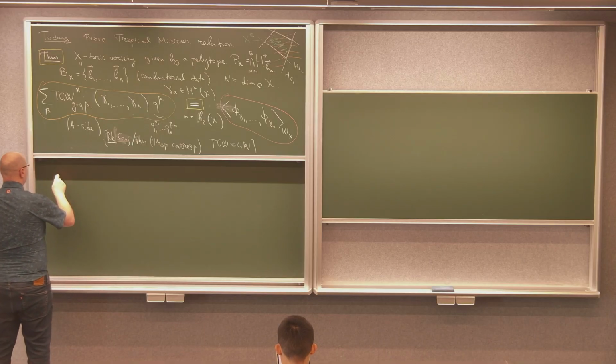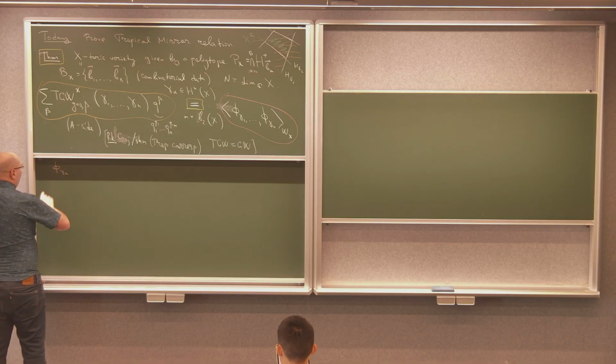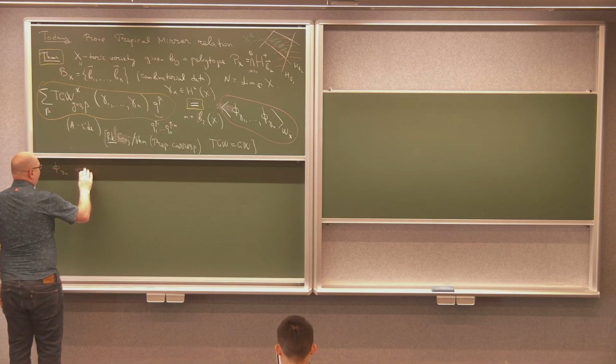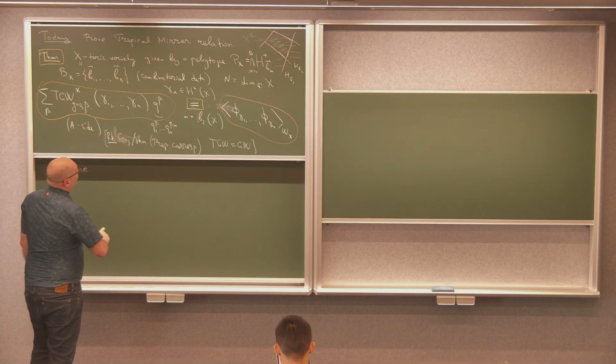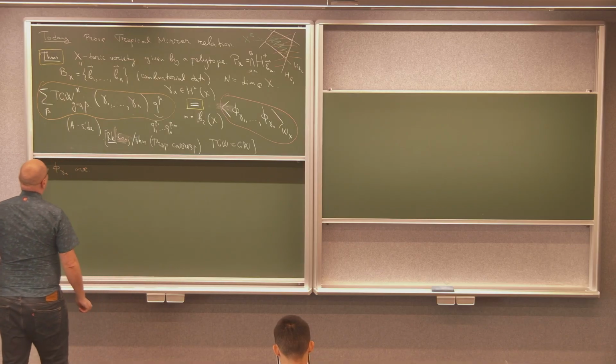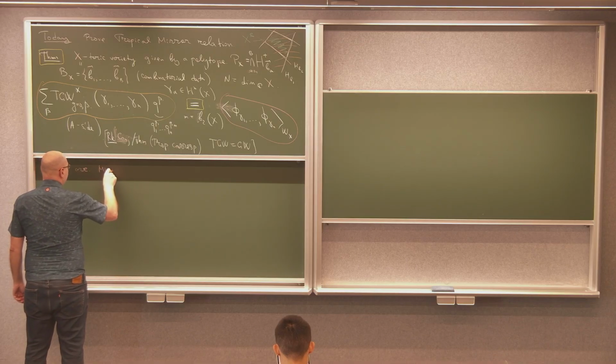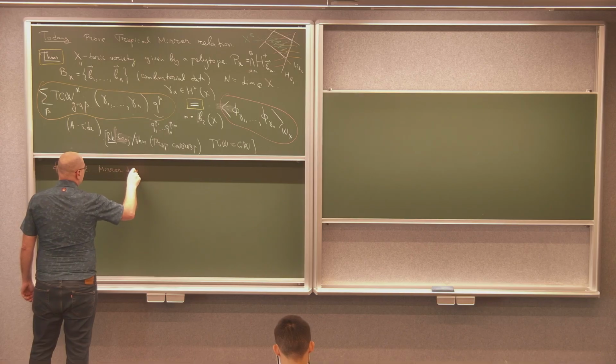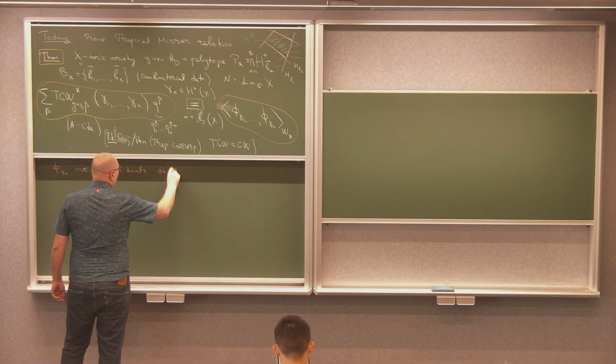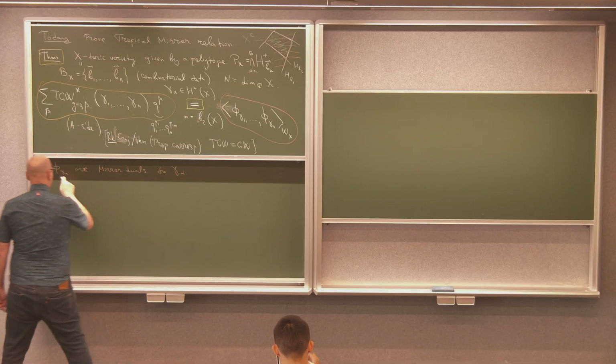So let me mention, phi_gamma_alpha are sort of mirror dual to gamma_alpha.